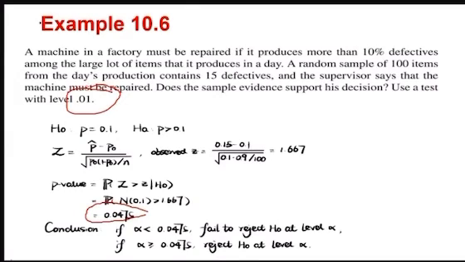Let me see, alpha is 0.01, and the p-value 0.0475 is greater than 0.01. So we are going to fail to reject. Failing to reject means there is no statistically significant difference between 10% and the observed value. So the supervisor's decision was wrong.